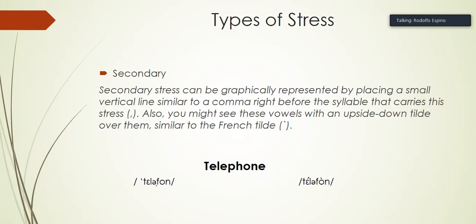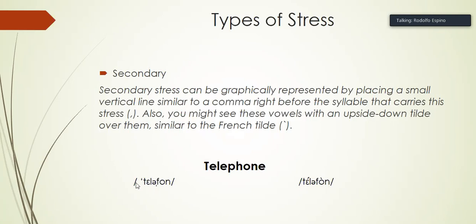So the secondary stress, as you can see here. As I said before, words that have, let's say, three or more syllables, I gave you as an example a four-syllable word before, usually two syllables will be stressed and the others will be reduced to schwa. Well, this is not an exception.